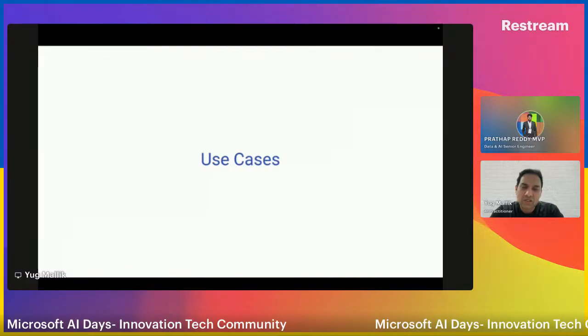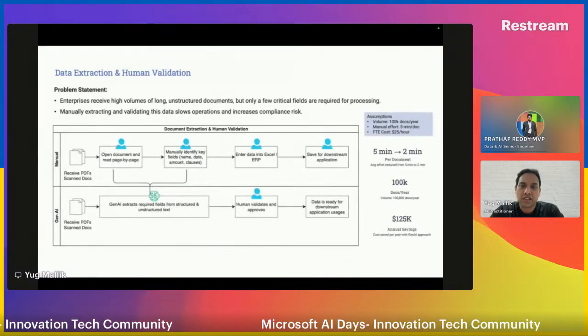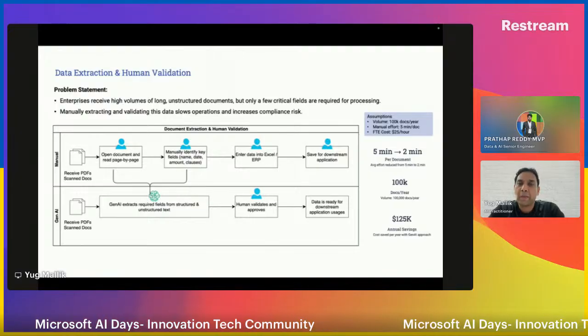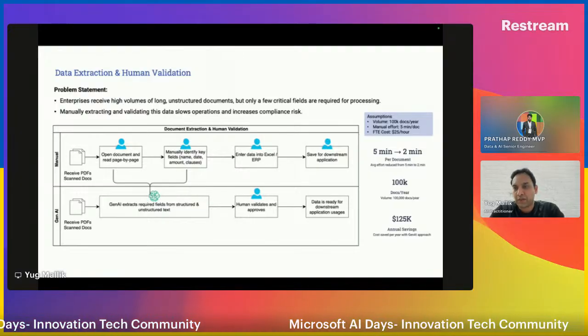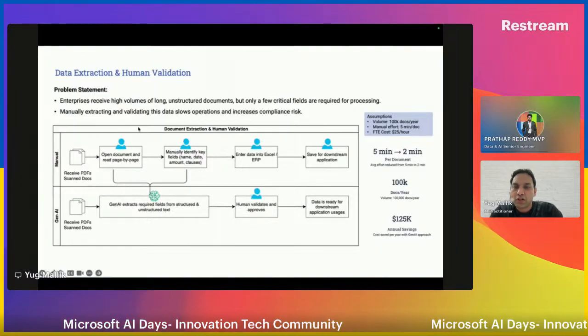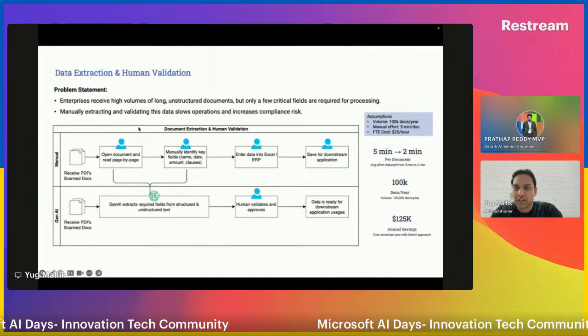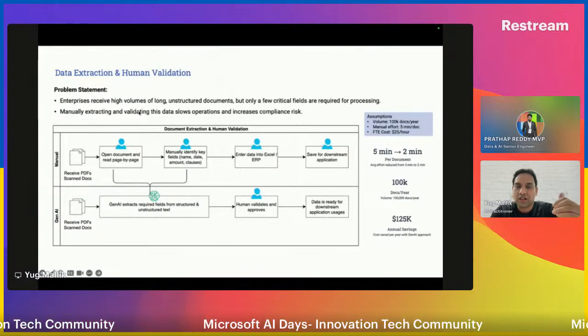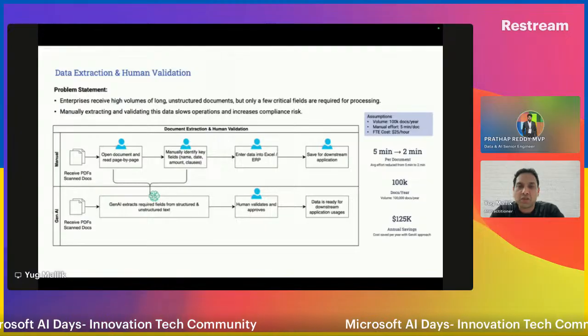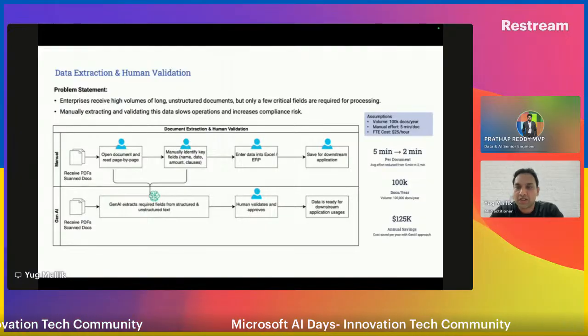Now let's get into the use case, a very real-time use case, where you have the document in play, right? And take an example of finance, right? You are receiving loan documents, and typically those documents are multi-page documents, right?